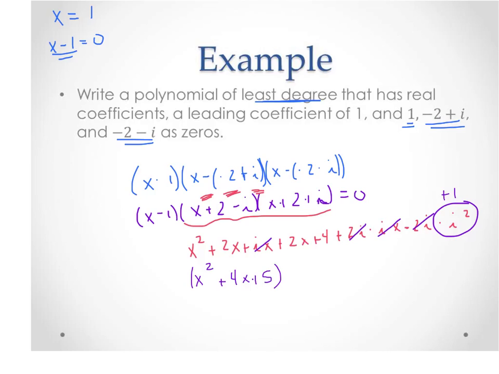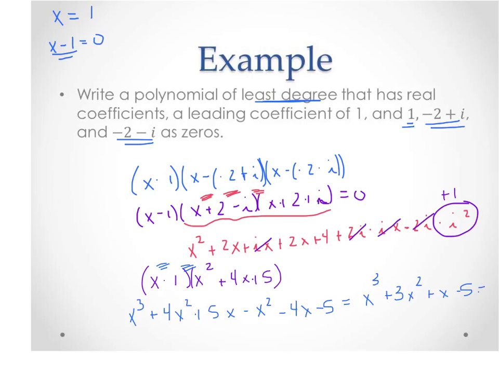I think that takes care of everything, and we're going to times that by x minus 1. Okay, so we're distributing again. I'm going to distribute the x and get x cubed plus 4x squared plus 5x, and then distribute the negative 1, which would be a negative x squared minus 4x minus 5, which leaves us, let's try that one again, with x cubed plus 3x squared plus x minus 5 equals 0.